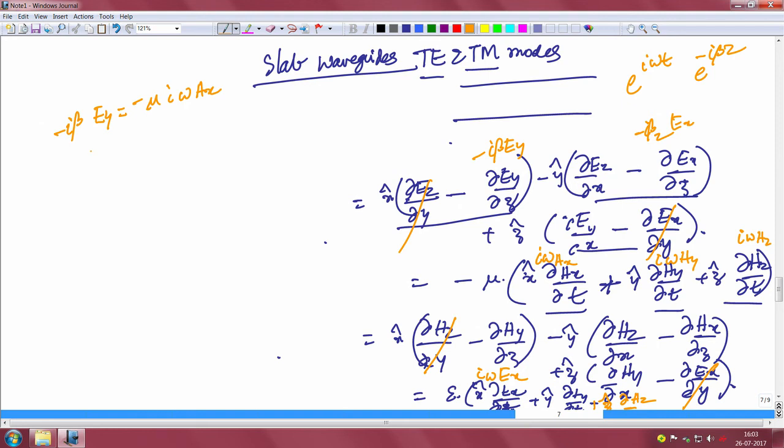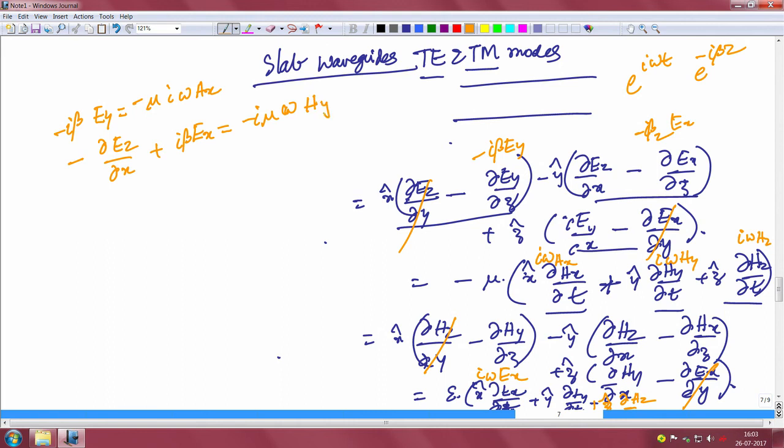This is one equation we have from the other one, and for y, minus Ez by Ex, or minus plus I beta Ex, should be equated to the y component here, minus mu I omega Hy.